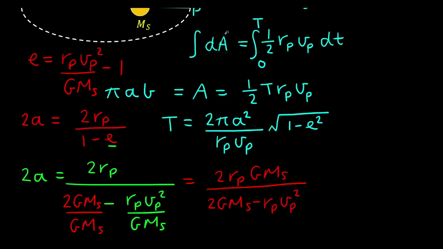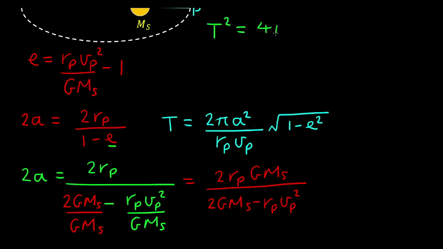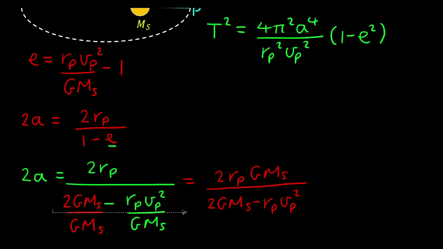Now let's make a bit of space over here. So if we square both sides of this equation, we get the square of the period as 4 pi squared by a to the 4 on rp squared by vp squared by 1 minus the square of the eccentricity. Now let's remove this equation and make a bit of space.